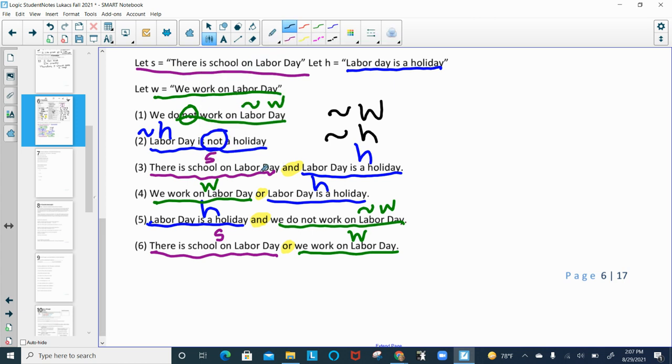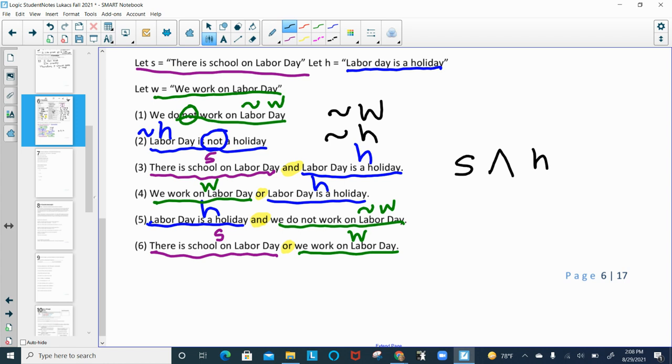So let me show you an example. For number 3, we have an S. The word and looks like an A, and the letter H. So S means there is school on Labor Day. This symbol right here means and, then H means Labor Day is a holiday. That's how we symbolized it.